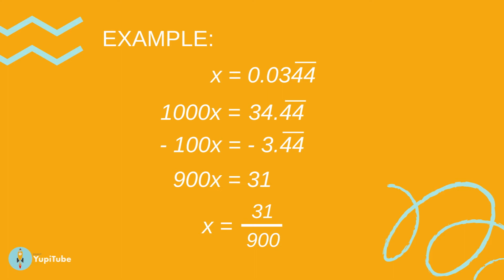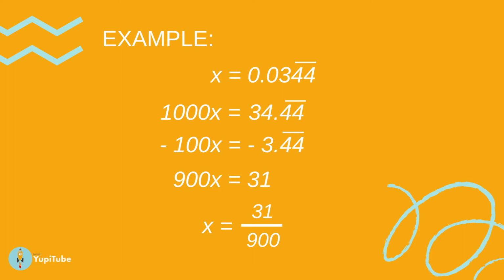We will subtract 100x is equal to 3.444 to eliminate the repeating part. We cannot just eliminate it with x, which is equal to 0.0344, because 3 is beside the repeating part.